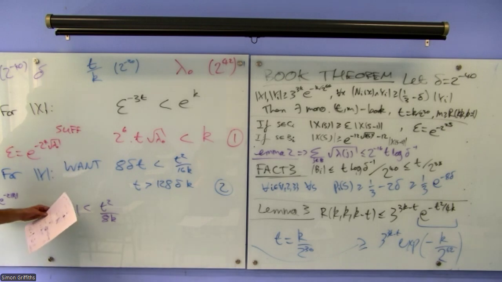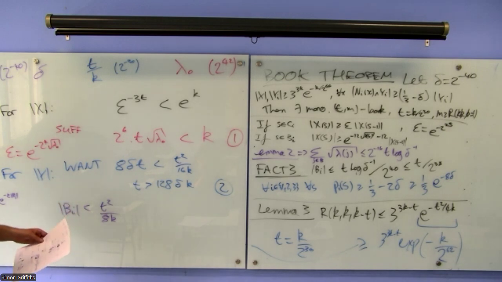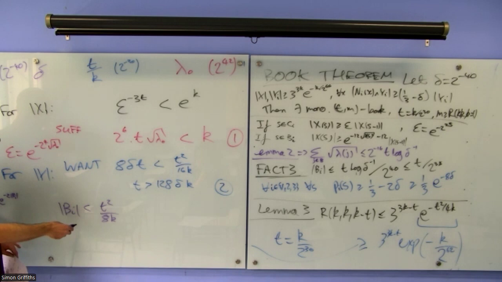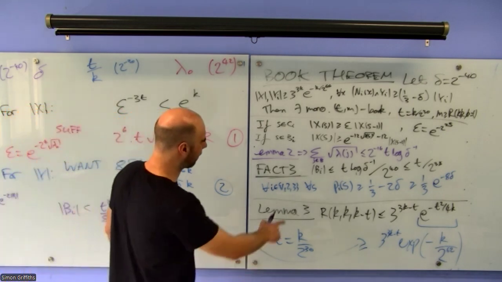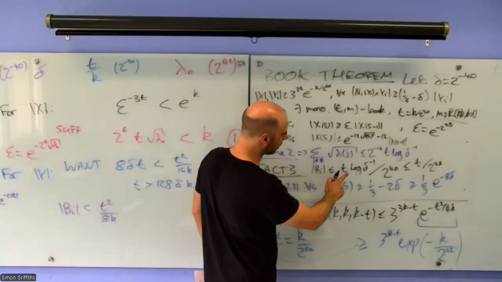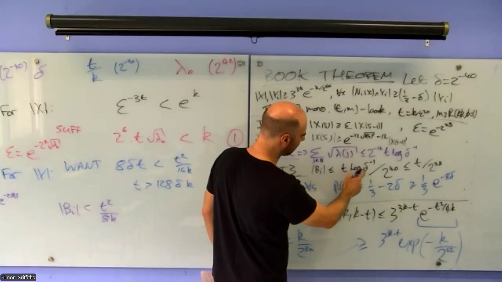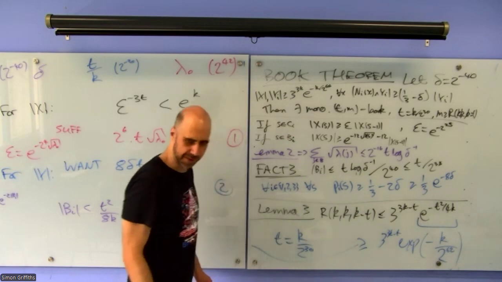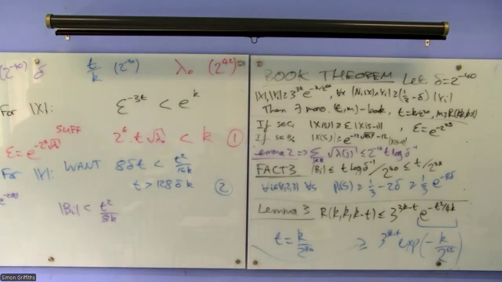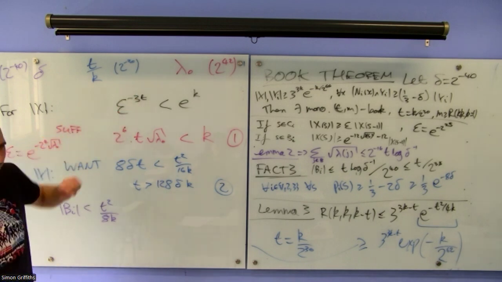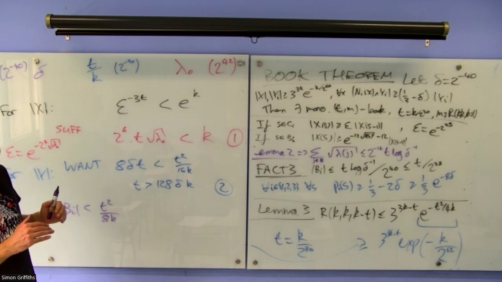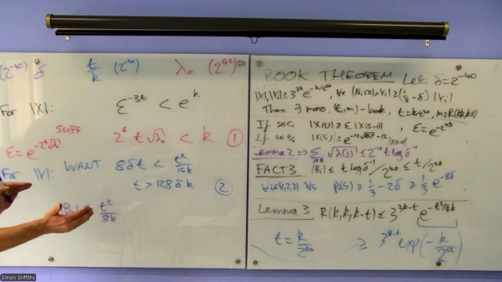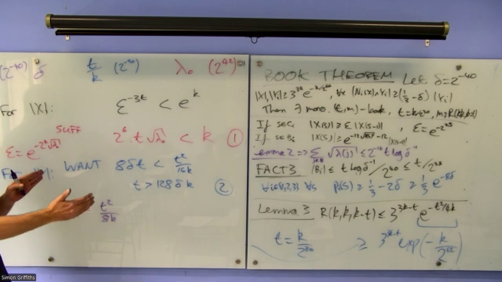So if we want this to happen, we need to remember what our bound on the number of boosts was. Our bound on the number of boosts has this weird 2 to the 40 here. Surprise, surprise, that 2 to the 40 is related to lambda 0. Why? It's a bit of a detail, but we have this expression for how much you go up when you do the boost steps.